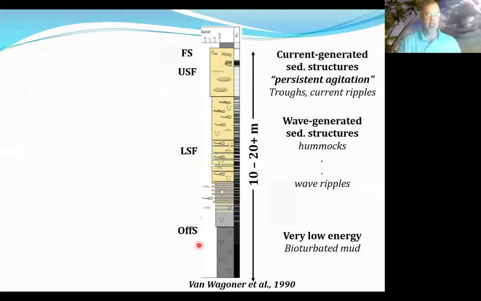Okay, so we're talking about this succession, and geologists have interpreted these to represent environments such as offshore, lower shoreface, upper shoreface, and foreshore, basically your beach deposits up here at the top. And from this, they draw interpretations about wave base.